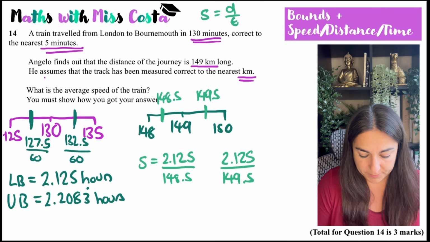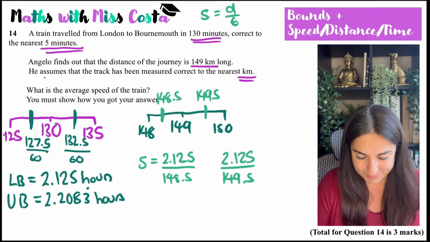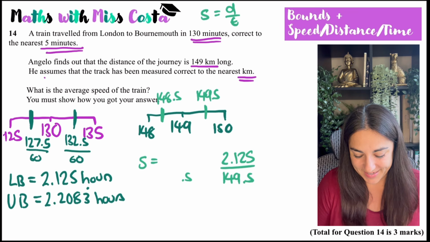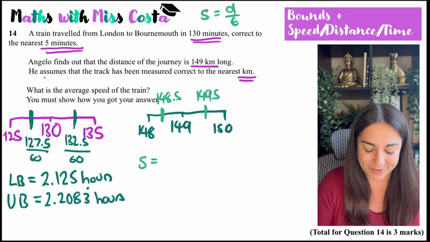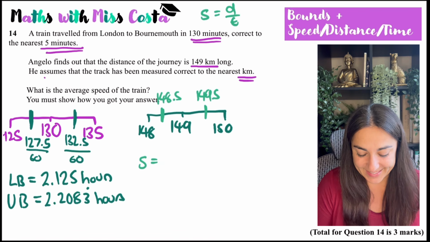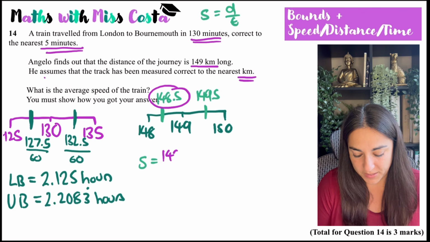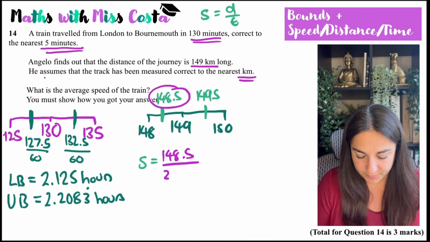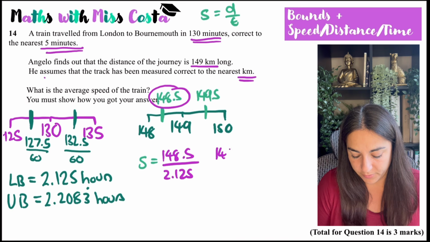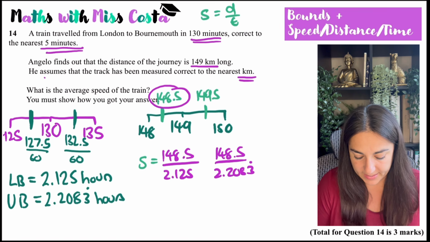Speed equals distance divided by time. This is why it's good to just double check your answers. So the distance, let's start with the lower bound, would be 148.5 divided by 2.125, or 148.5 divided by 2.2083.